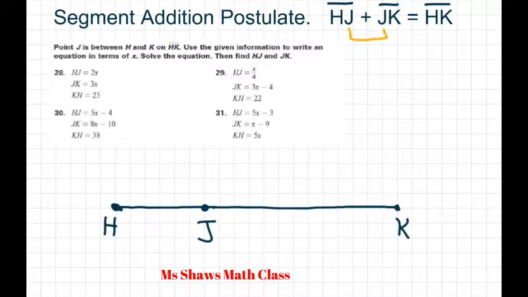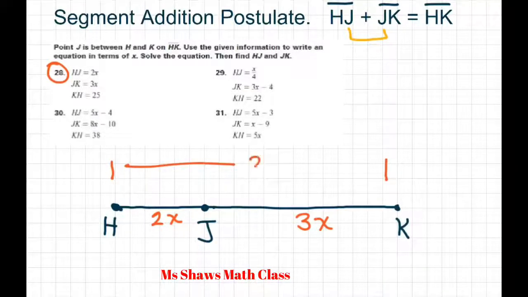So let's look. I'm going to do these 4 problems. For 28, HJ is 2x, JK is 3x, and HK is 25.